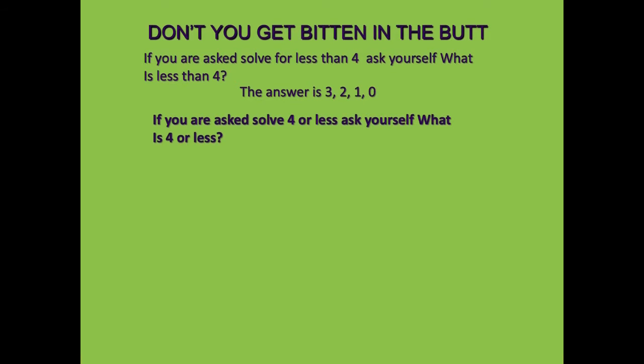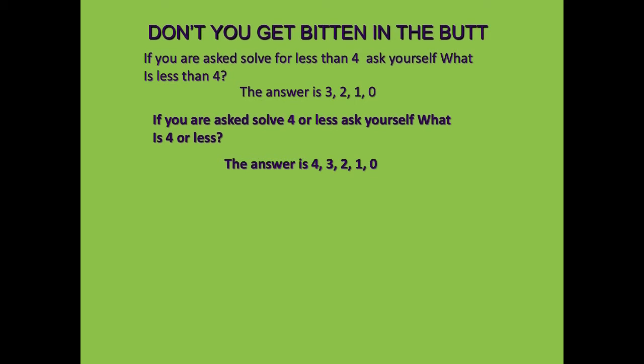If you were asked to solve for 4 or less, what is 4 or less? It's not the same as 3, 2, 1, 0, because 4 is now included: 4, 3, 2, 1, 0. Different. If you enter the information incorrectly, you're going to get the wrong answer.